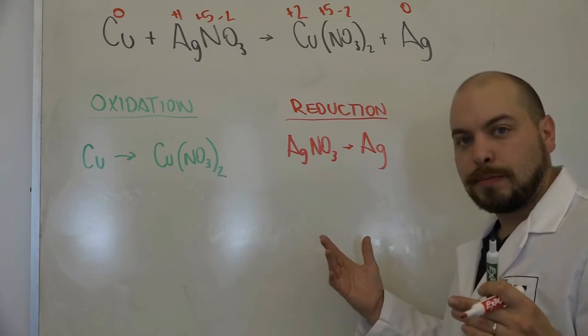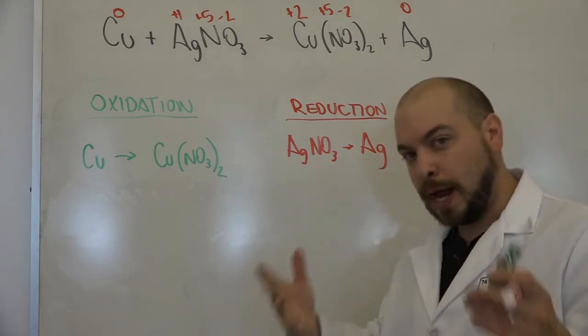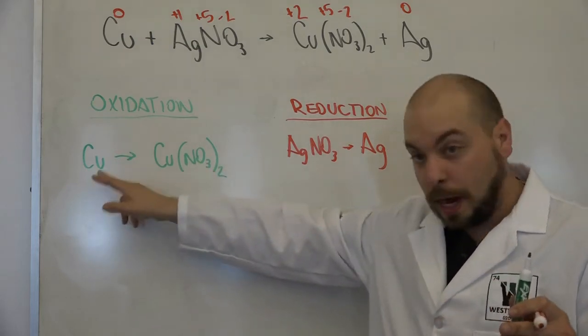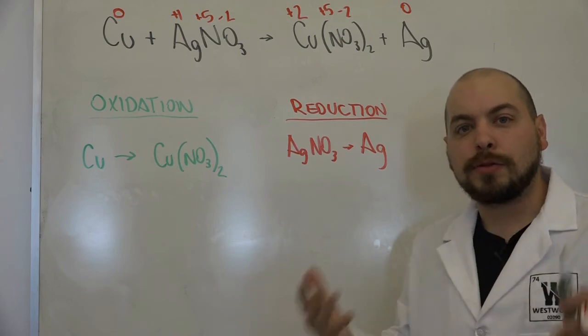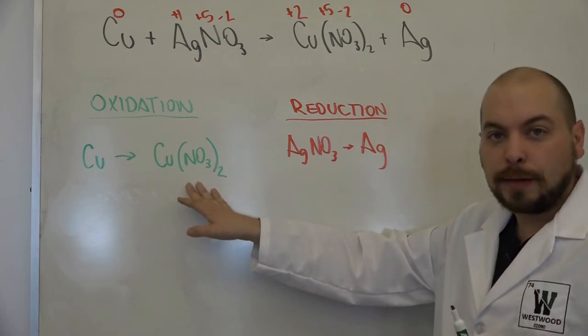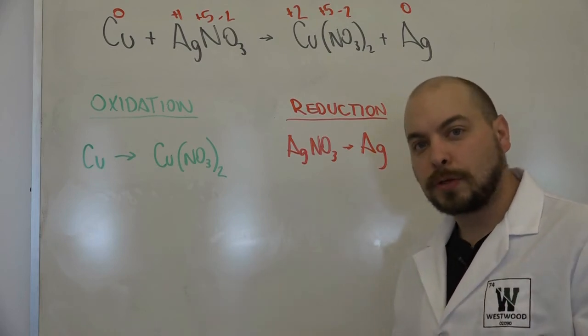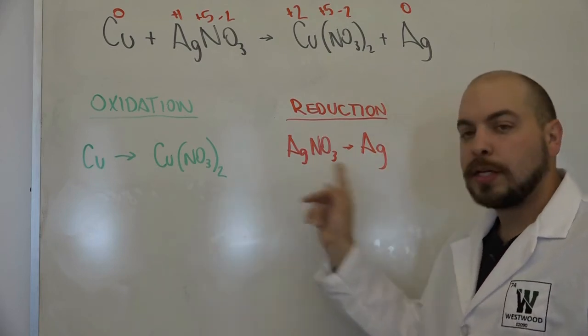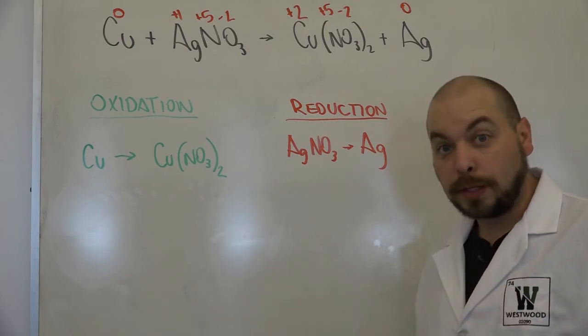In the end, whether you're writing it such as this, or if you ever happen to see it with someone just writing copper to copper 2+, it really is going to depend on the technique you use. I prefer this technique because in my half reaction balancing method that we're going to talk about in the next video, you're really going to need all components of every compound in order to do it properly.